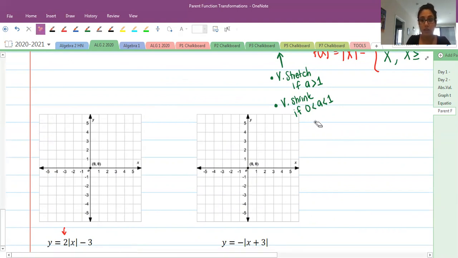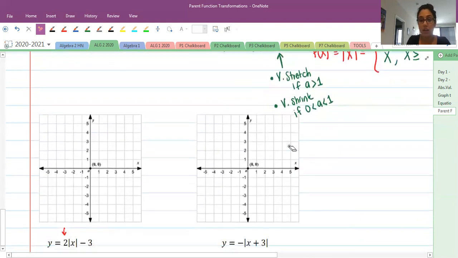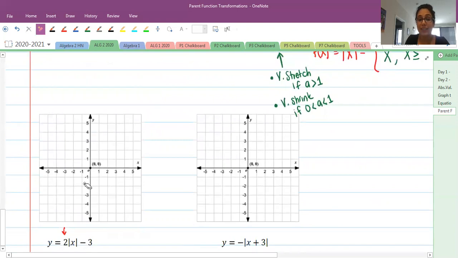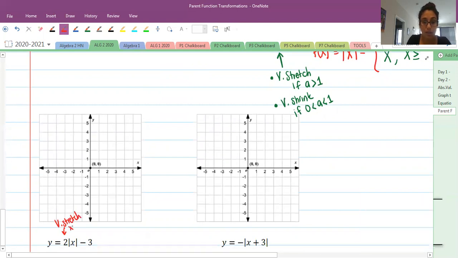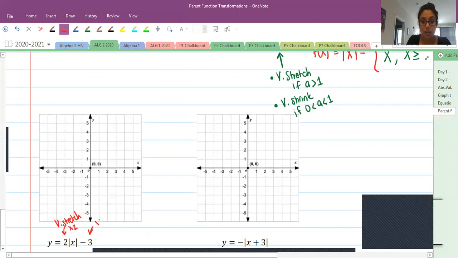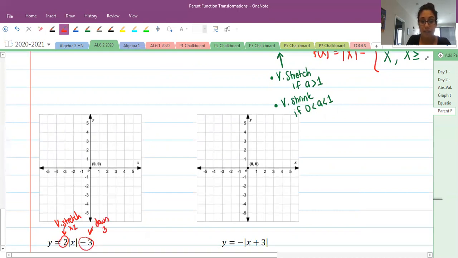Over here, this piecewise function becomes -2x and 2x. But it's going to go down 3. So we have a vertical stretch times 2, and we have down 3. Two things are happening to this.